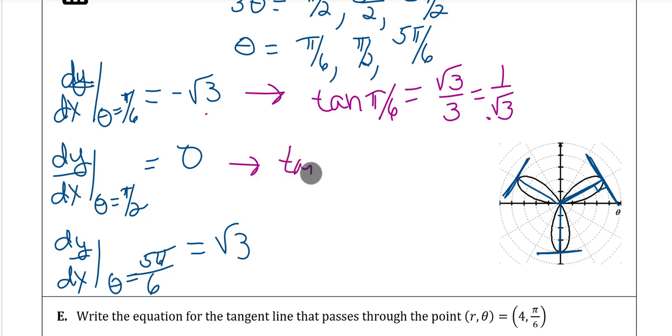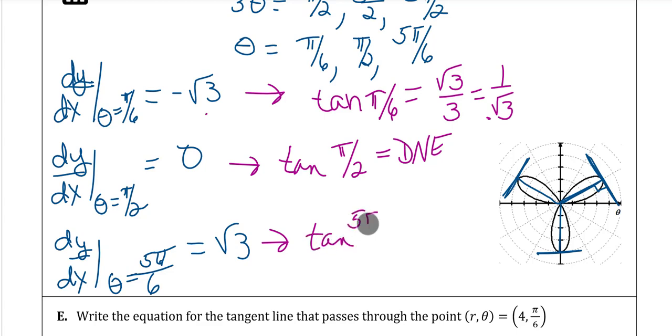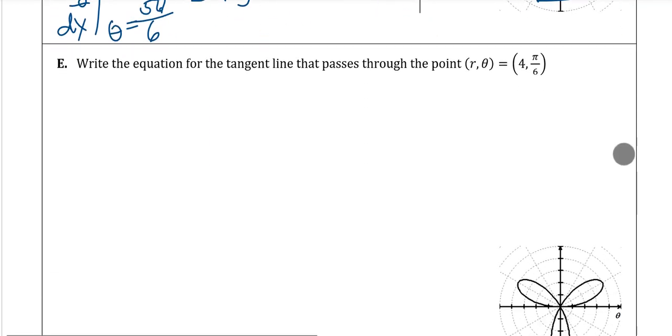The tangent of pi over 2 is undefined, which would be the reciprocal of 0. That's the perpendicular to 0. And then finally, the tangent of 5 pi over 6 equals 1 over negative the square root of 3. So they're negative reciprocals as well. So it does show that.